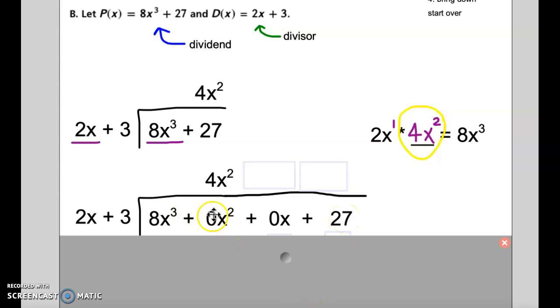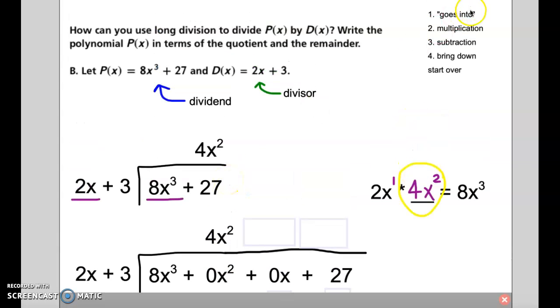So we need placeholders for everything in between the first and the last term. Always ends with a constant and starts with whatever this exponent is. Whatever the highest degree is, it needs to decrease every term after that. So now when I do that, I have a spot for my 4x squared, and I can continue.